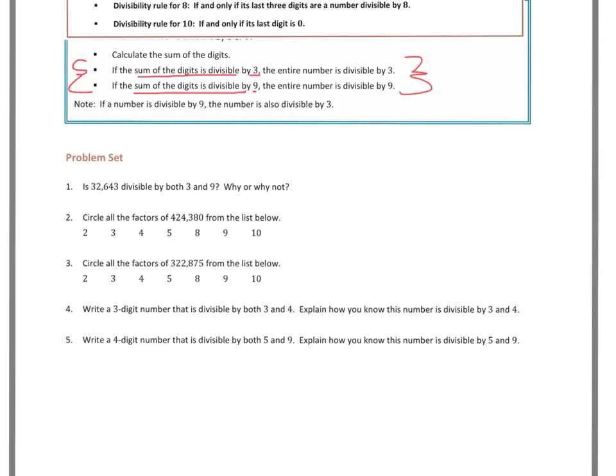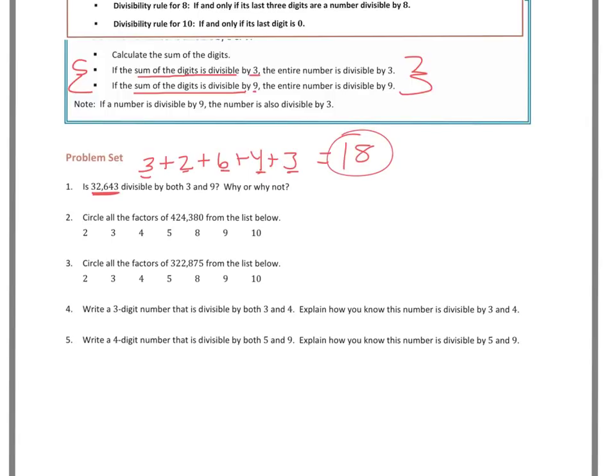What that means is I'm going to take 3, 2, 6, 4, and 3. So 32,643, and take those as individual digits and add those up. 3 plus 2 is 5, plus 6 is 11, plus 4 is 15, plus 3 is 18.